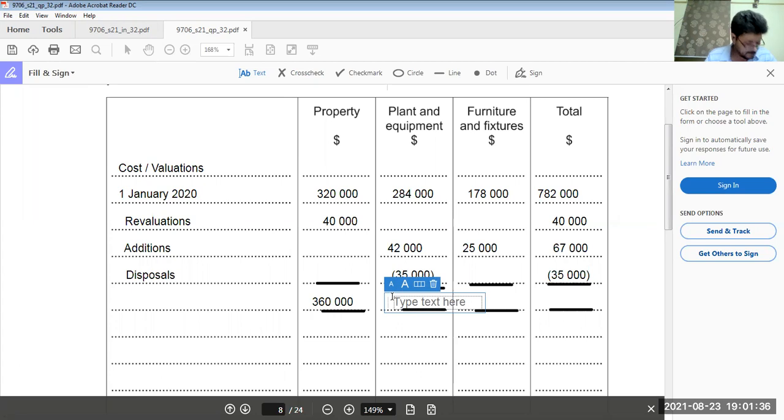Then 326,000 minus 35, 290,000. Now 178,000 plus 25,000. The answer is 203,000. Now total over here: 782 plus 40 plus 67 minus 35, 854. This is the total.